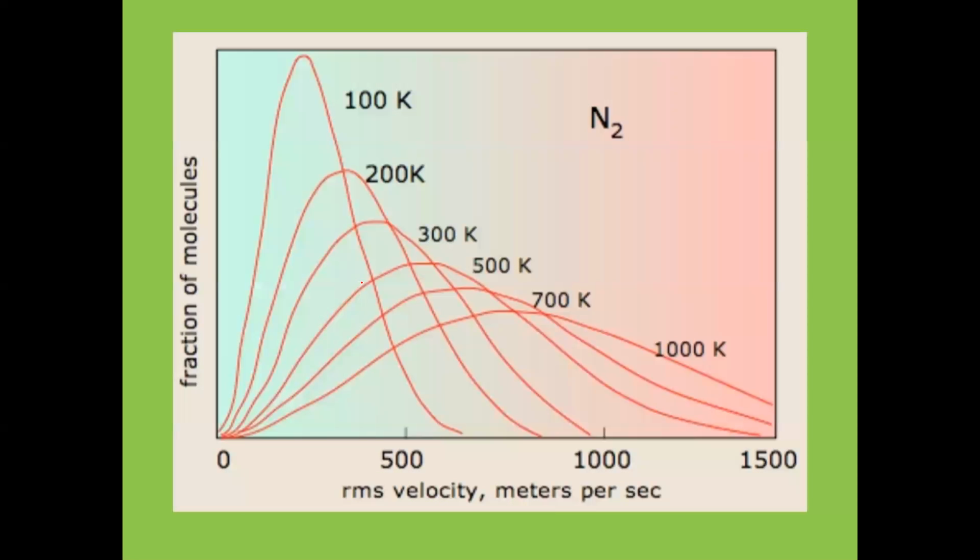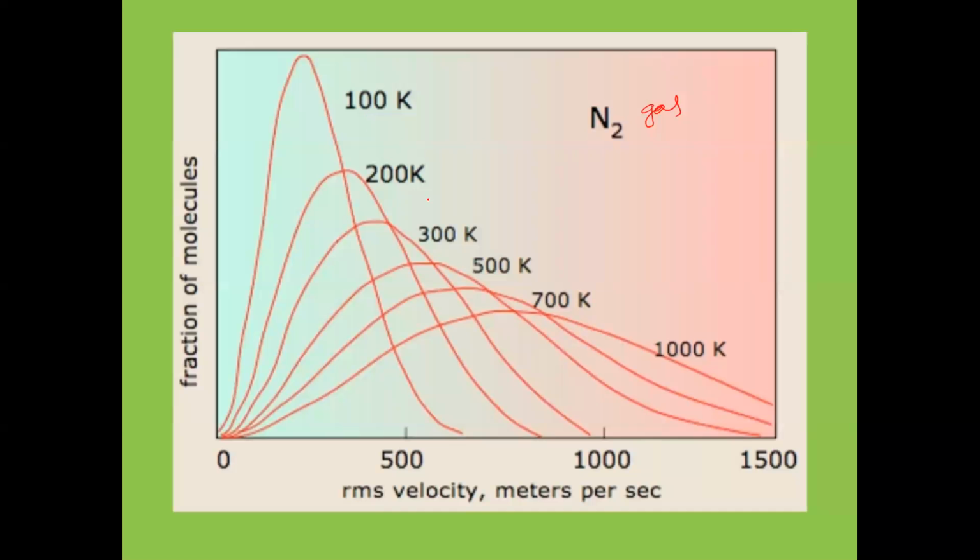Next, the same thing we have discussed: suppose we are taking nitrogen gas. For this nitrogen gas, we have taken different temperatures: first at low temperature 100 Kelvin, and 200 Kelvin, 300 Kelvin, 500, 700, 1000. That means we are increasing the temperature of the same gas.